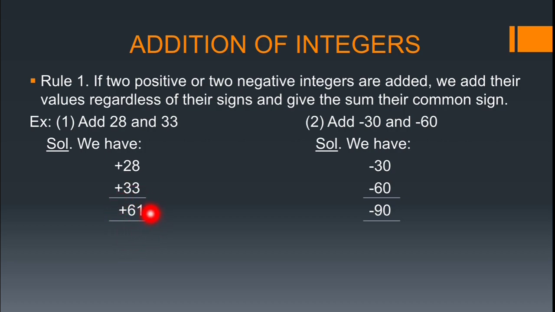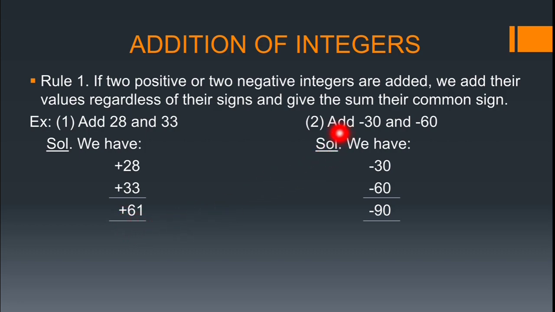Now what will be the sign for this outcome? The sign of 61 will be the same as the given integers have. The given integers 28 and 33 both have a positive sign, so the resultant 61 will also have the positive sign. That's why we put a positive sign before the number 61.